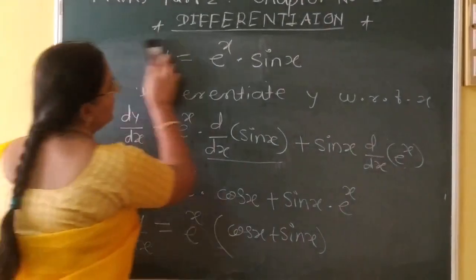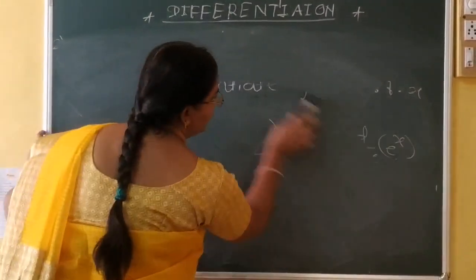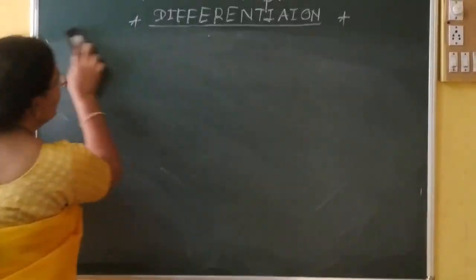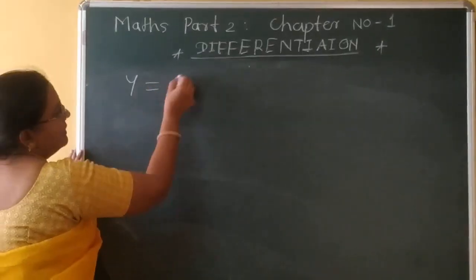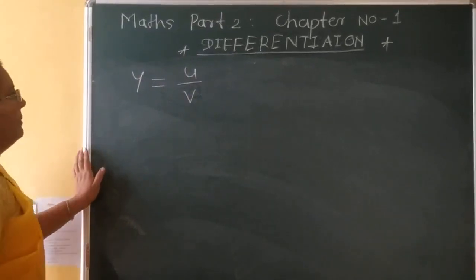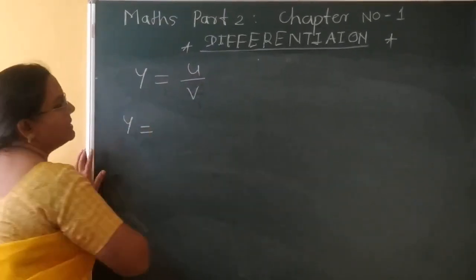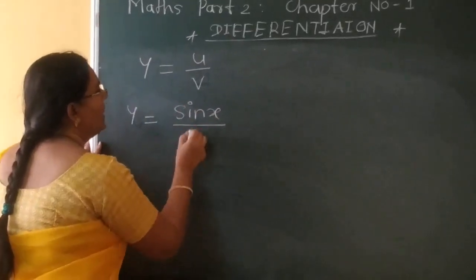Now we are going to see the quotient rule for differentiation. What is the quotient rule? Suppose we are given u upon v, like y is equal to sin x upon log of x.